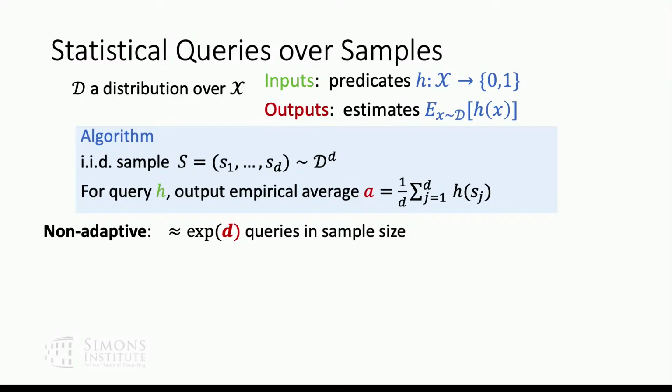And we can even support, if we have a sample of size D, we can expect to support kind of exponential in D number of queries and answer them all correctly.